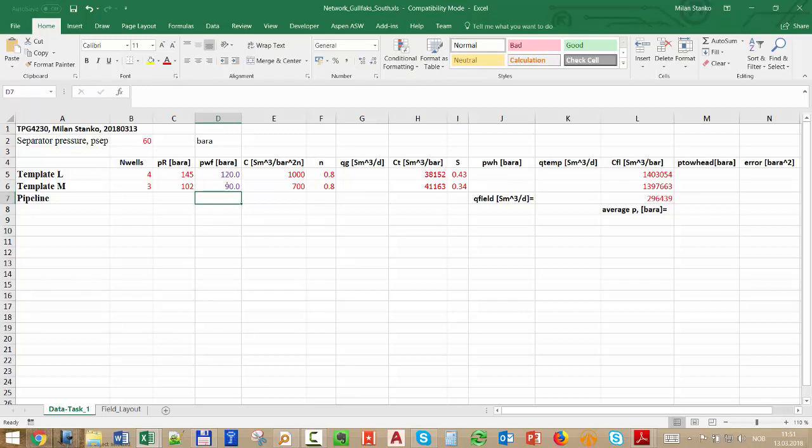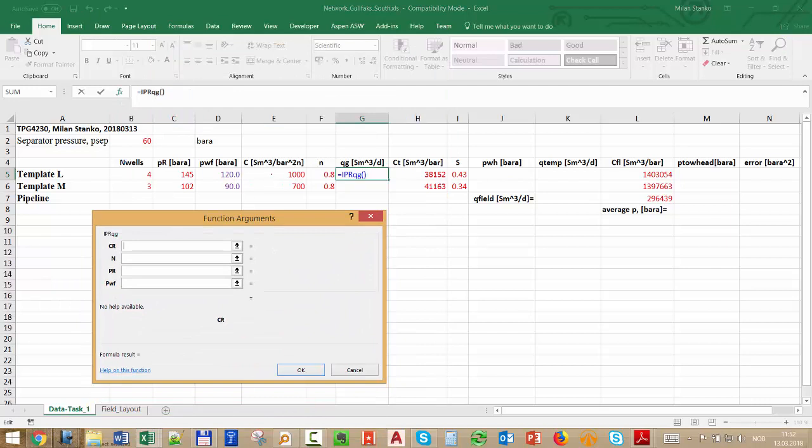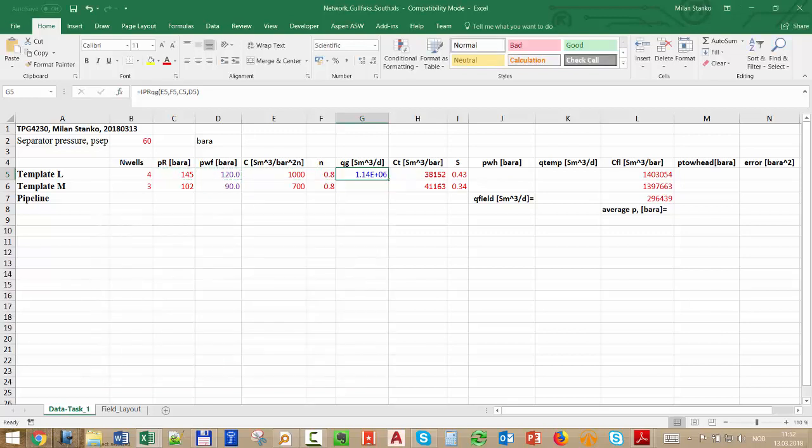Now I have assumed bottom hole pressure. I have to calculate the rate, and for that I use the IPR equation. I want to calculate the rate, and I want this C. I need the N, I need reservoir pressure, and I need the bottom hole pressure that I assumed, and I drag it down. Okay, I'm now at the bottom hole. I have to move up to the wellhead. For that, which equation am I going to use?